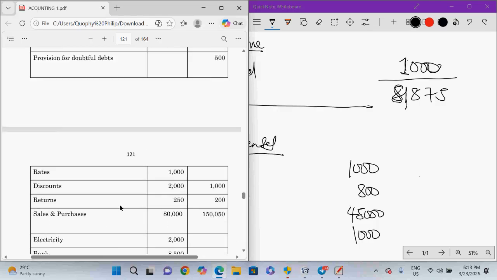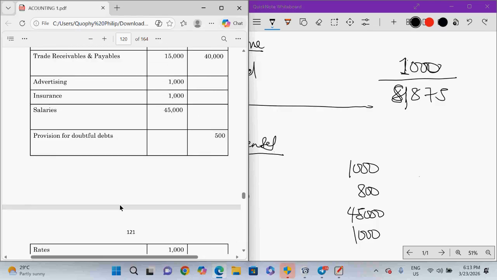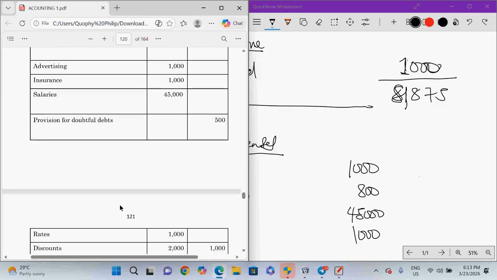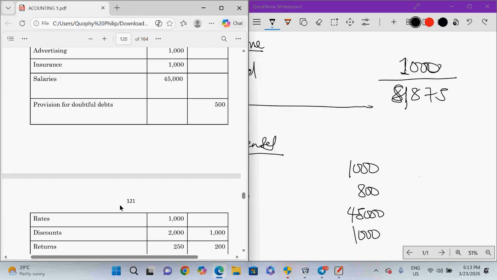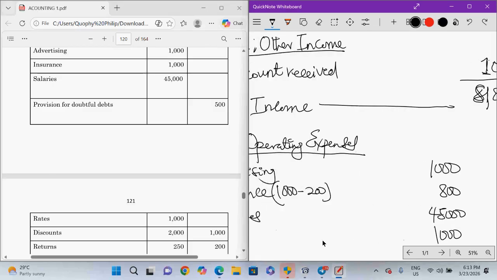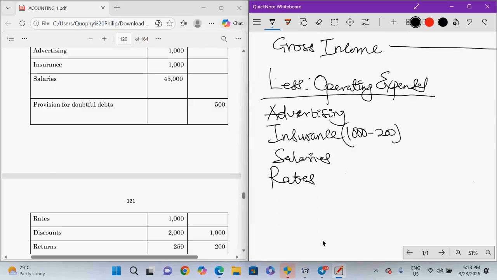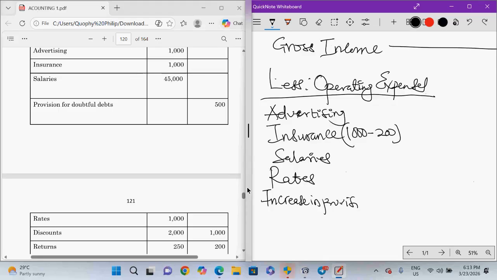So the next thing is what? The provision. Increase in provision, right? I think there's additional information on that. We have already determined that it's an increase, so it's an expense. So what is the increase in provision? I think we said it is 200.